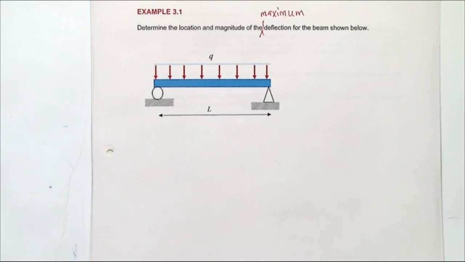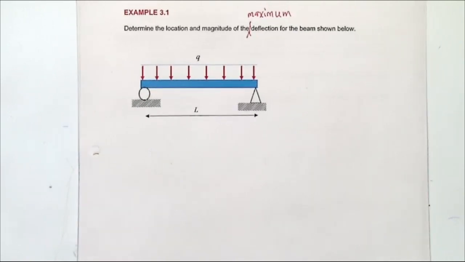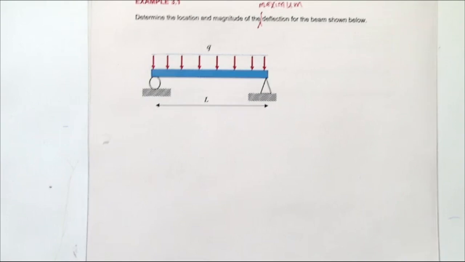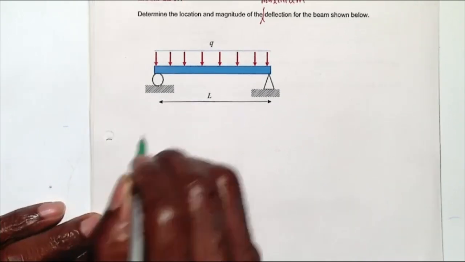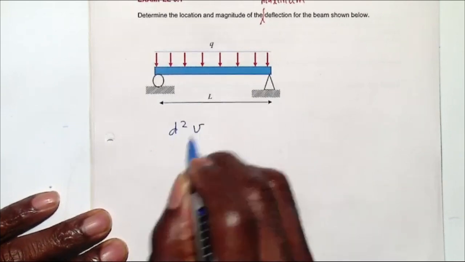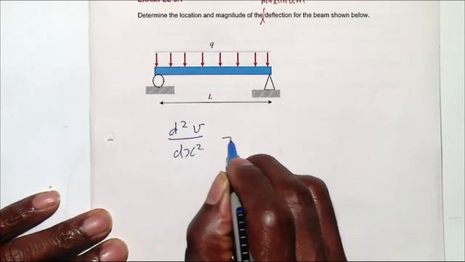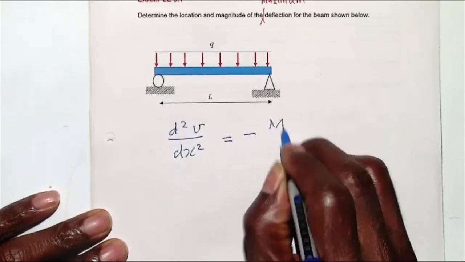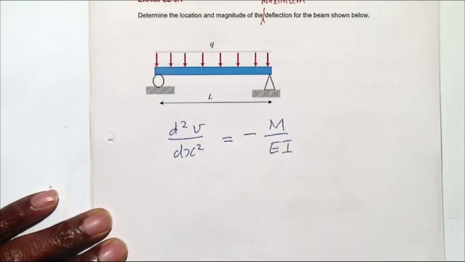We've already done this several times, so we can find the magnitude of the reaction at the support. We can find the magnitude of the bending moment anywhere along the length of the beam, and then from that we can go on. So let's start. Because we want to find the magnitude of the deflection, I'm going to write d²v/dx² equals minus M all over EI.